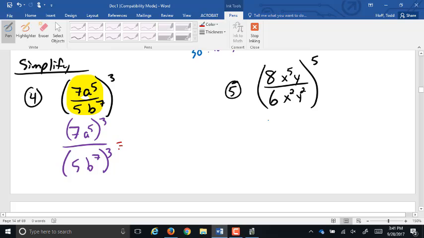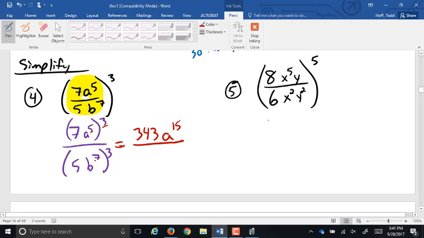So 7a to the 5th to the 3rd power. Remember, we do each piece separately. What is 7 to the 3rd power? 343, good. A to the 5th to the 3rd power is, careful. When you have a power of a power like this, the exponents, the powers are multiplied. 5 times 3 is 15.